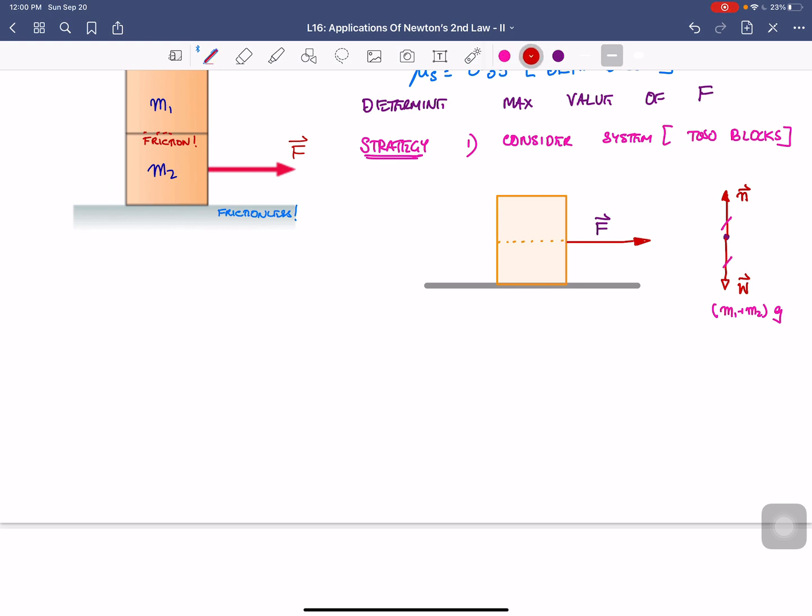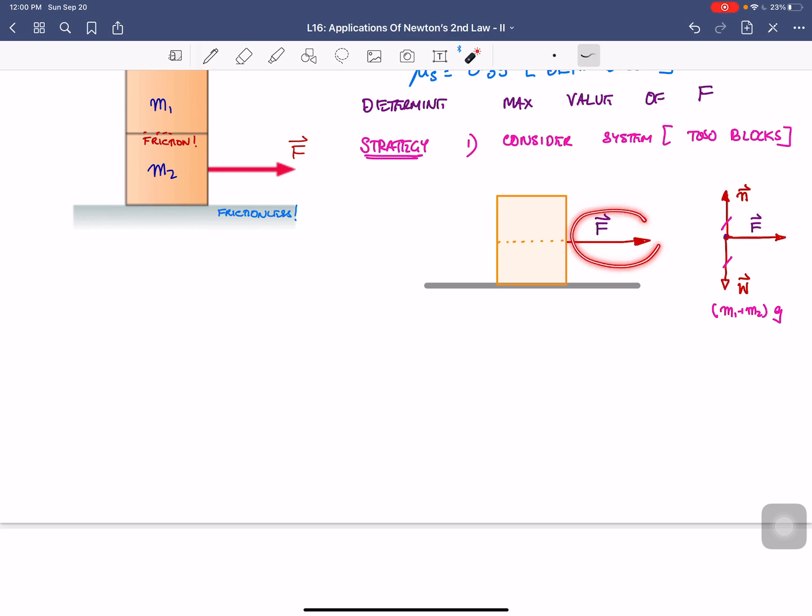And then you've got the pulling force accelerating them to the right, and that is F. Okay, and now remember, there is no friction between the bottom of M2 and the surface.